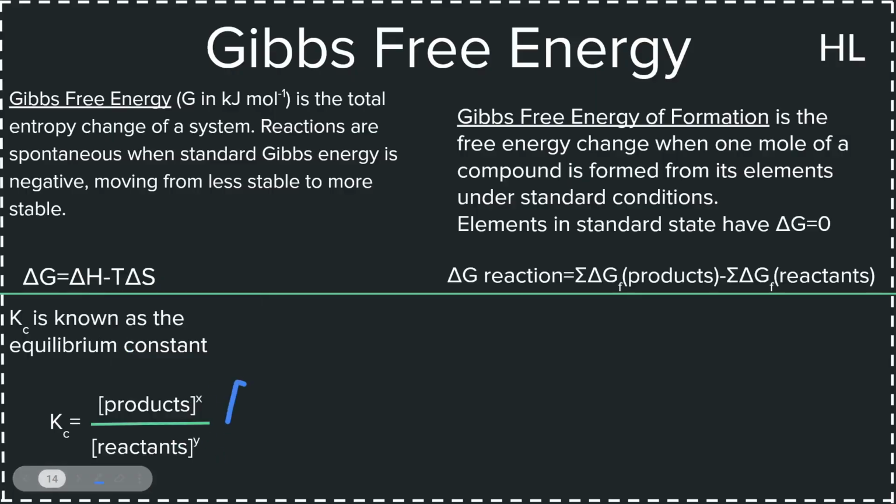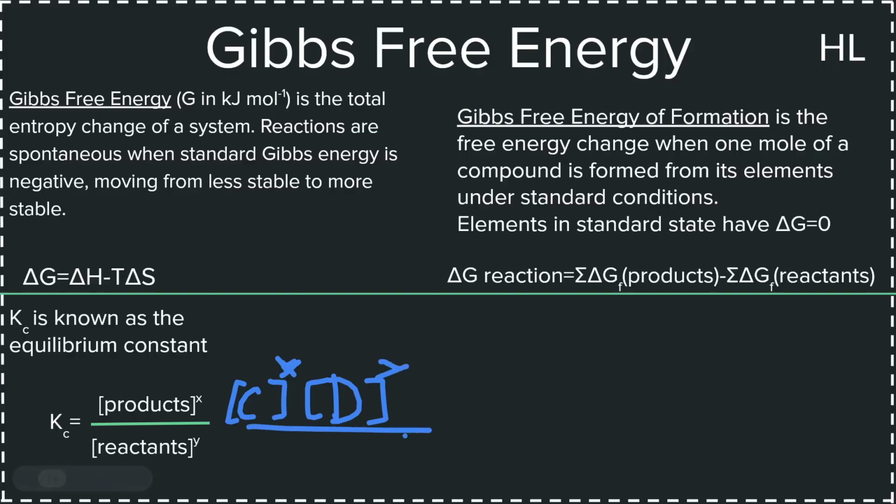And maybe a better way to think about this is if you have products C and D, right? C is going to be raised to its exponent, or its coefficient. Let's say its coefficient is x, and D is going to be raised to its coefficient, which is going to be y. And then you can divide it by the concentration of your A and the concentration of your B.